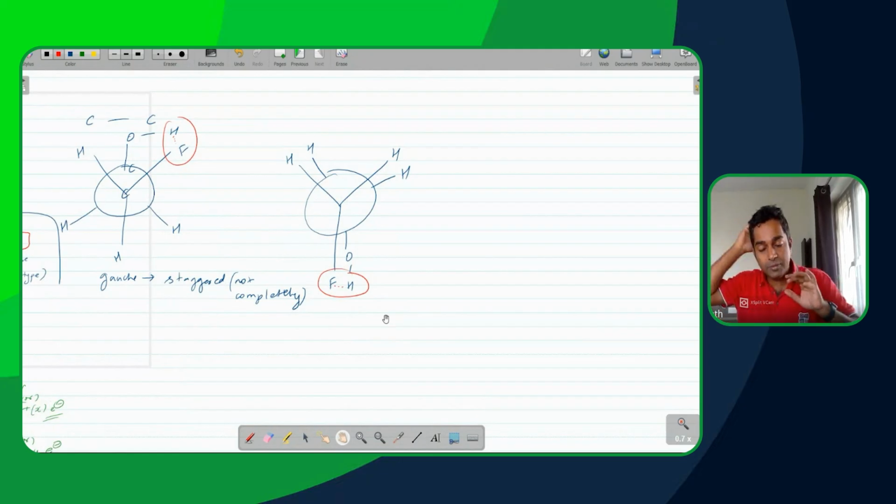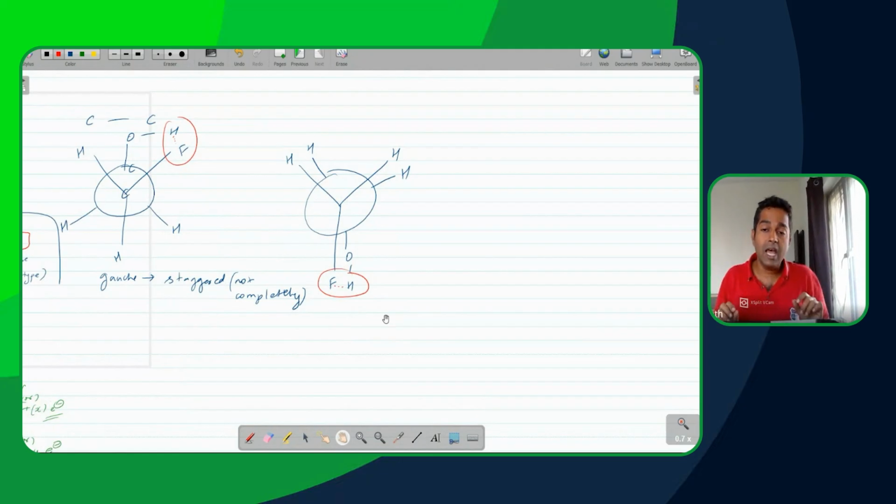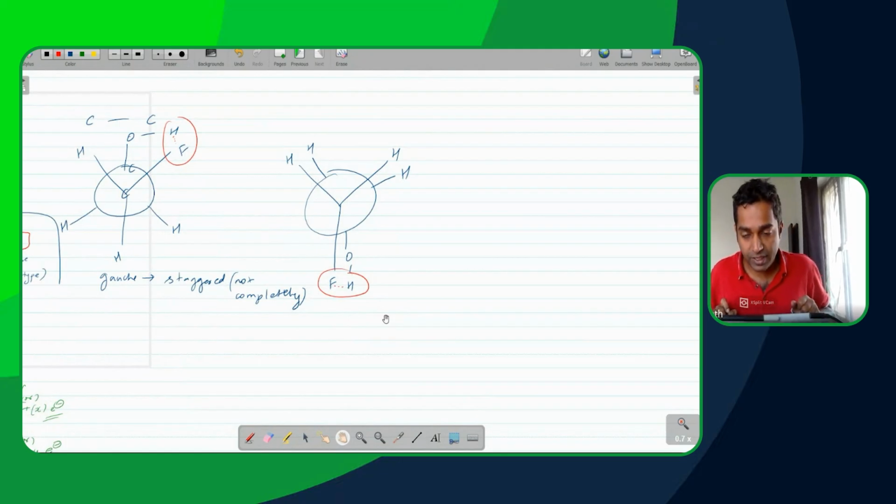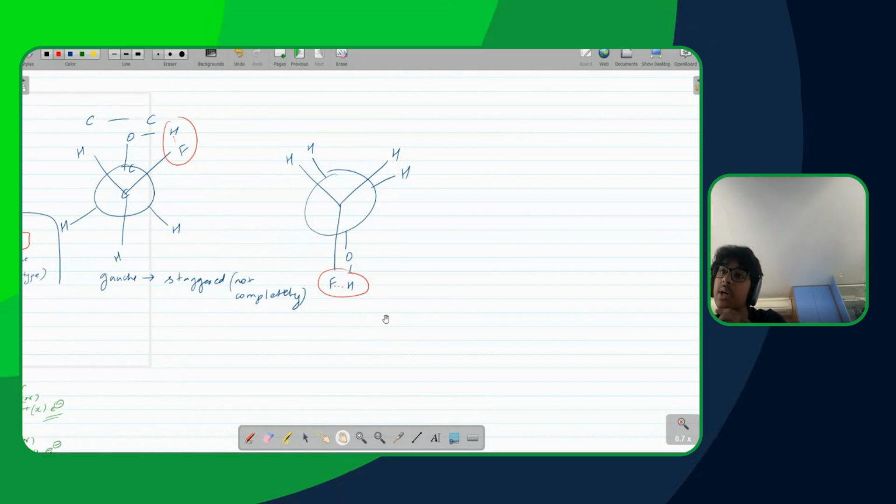In the eclipsed conformation, what is happening over there is, yes, the distance between the hydrogen and the lone pair is as close as possible. But it is coming at a cost. The cost is you are making sure that every other bond is eclipsing the other, which means increasing all of the other repulsions at the same time.